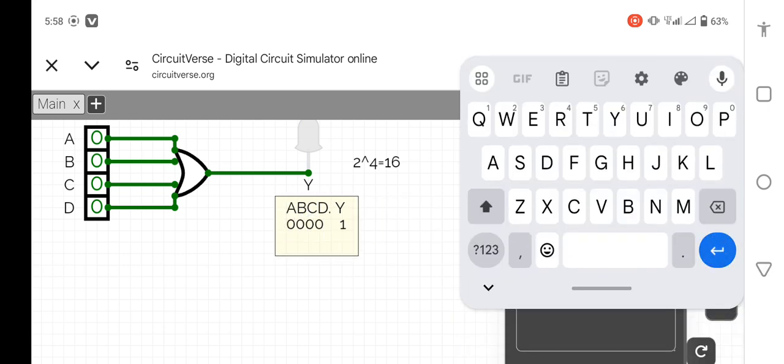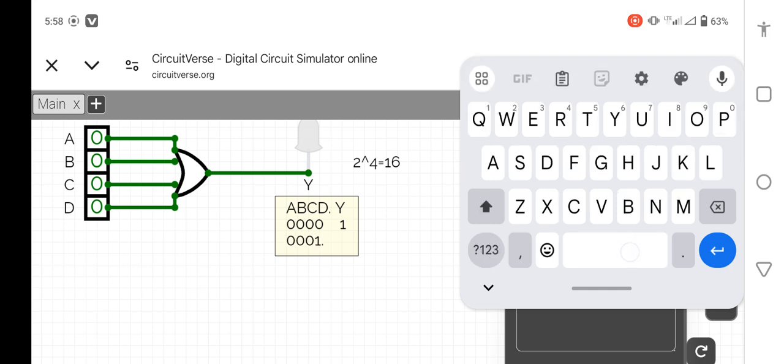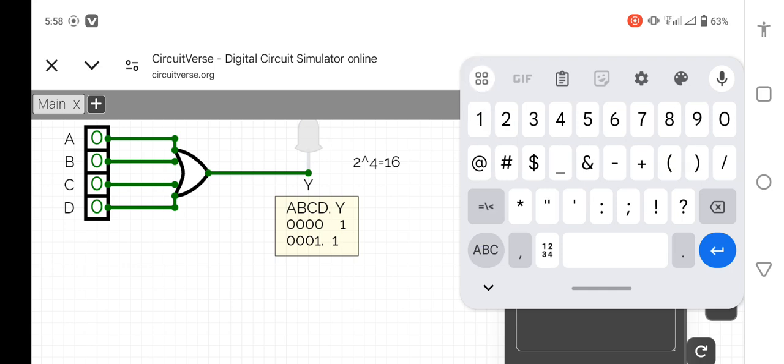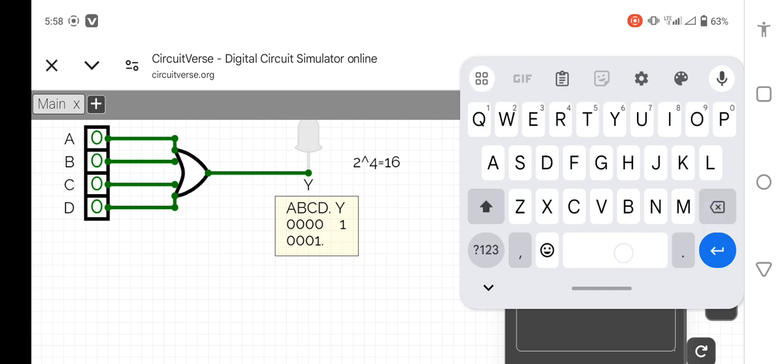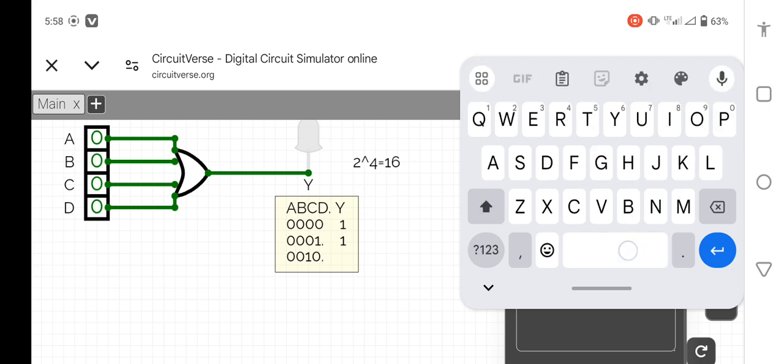Second is 0001. The output is 1. The third is 0010. So the output is 1.